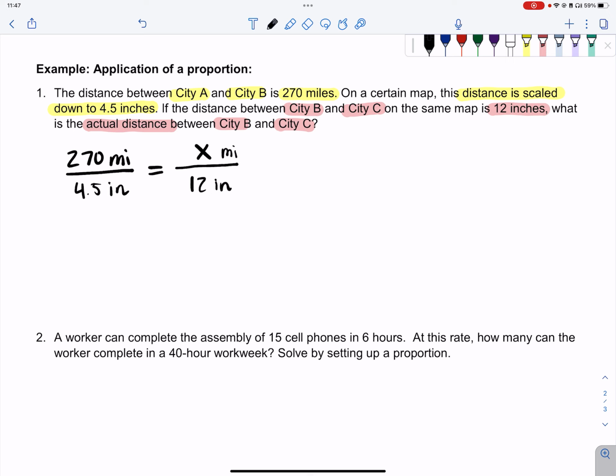So now I want to solve this proportion here for my variable x. I notice that x is being divided by 12 inches. So in order to undo that, I'm going to multiply both sides of the equation by 12 inches.